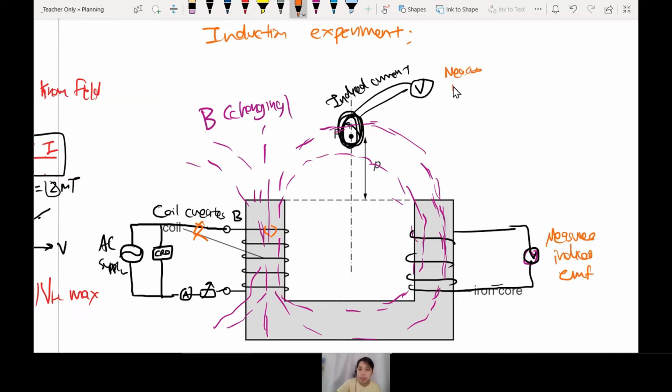This, by the way, is what we call a transformer, where you have an iron core and two coils wrapped on either side. One solenoid coil creates the field. The other one just feels the field passing through it and has some induced current to oppose the change. This is in chapters 23 and 24 as well.